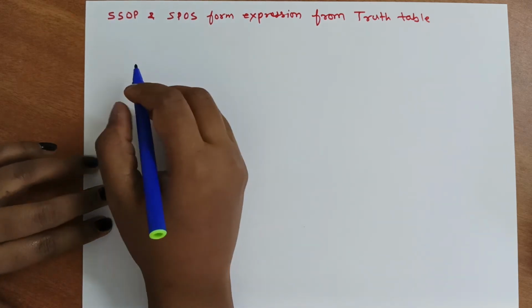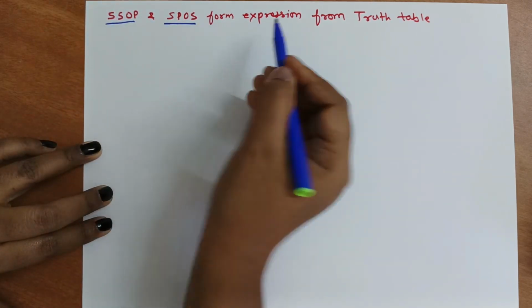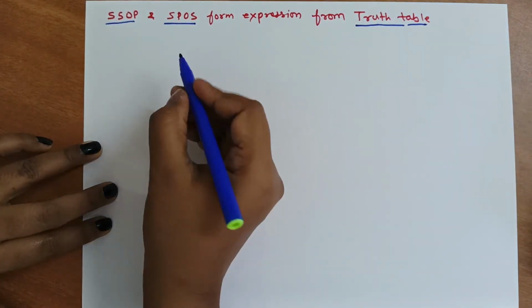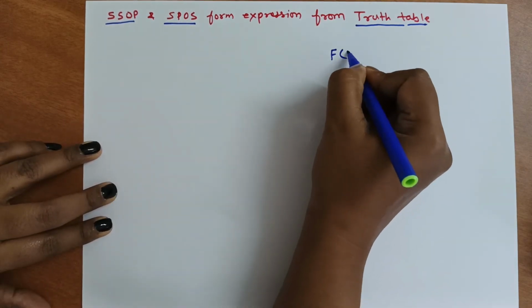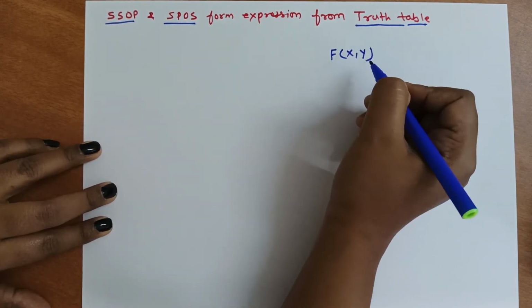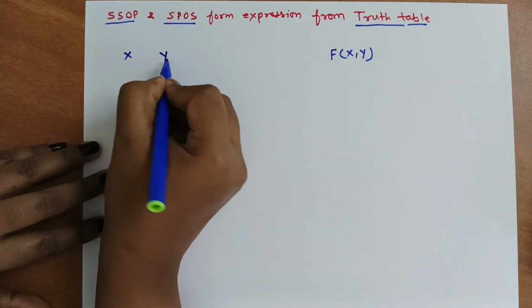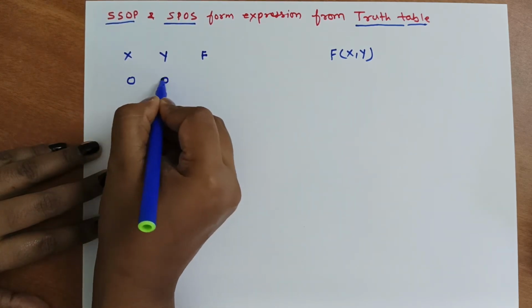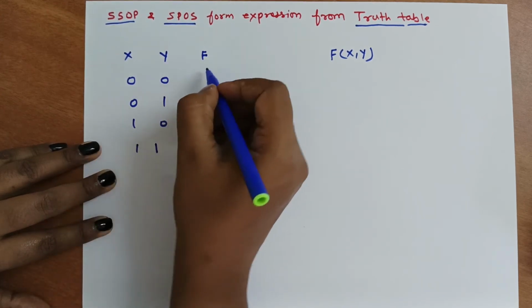We can also write this SOP and SPOS form expression from the truth table of a digital logic design. Suppose we have a function f of xy and the truth table is given as x, y, f: 00, 01, 10, 11.